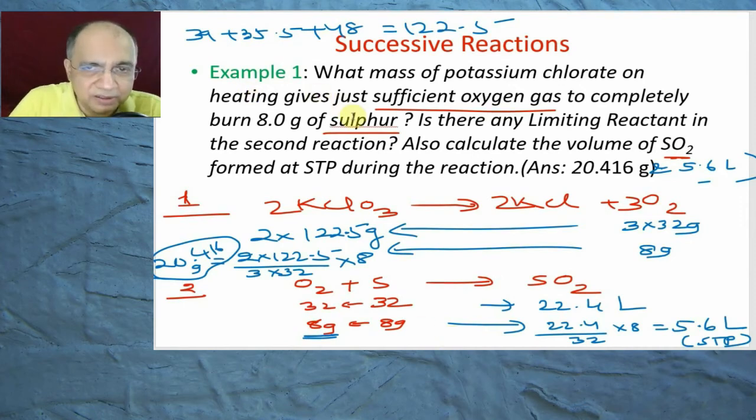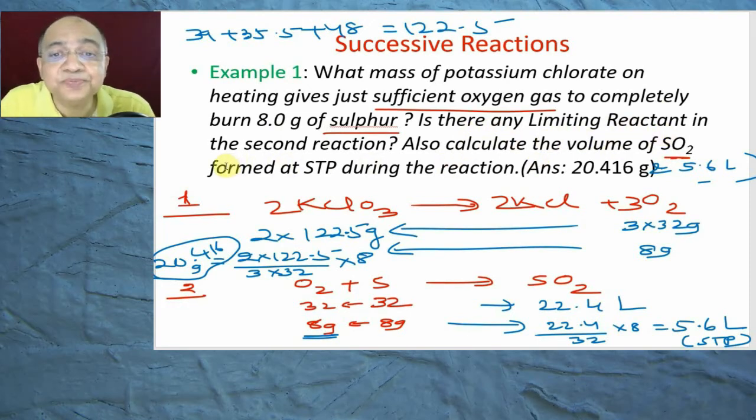It goes like this. What mass of potassium chlorate on heating gives just sufficient oxygen gas to completely burn 8 grams of sulfur to sulfur dioxide? Is there any limiting reactant in the second reaction?